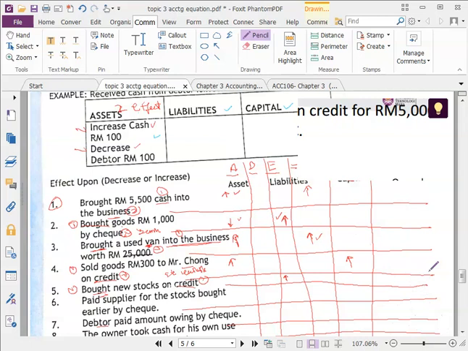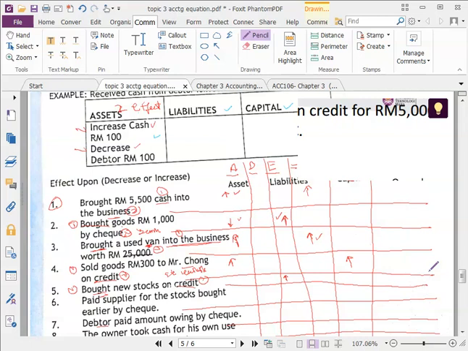Okay. Please remember that we purchase this stock from supplier. Okay. When we owe to the supplier, what is the term for the supplier? When the business owed to others outside the company, like supplier. Okay.